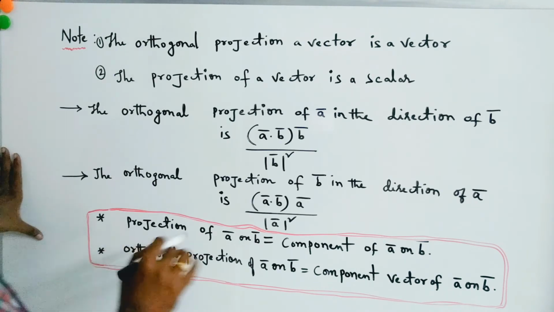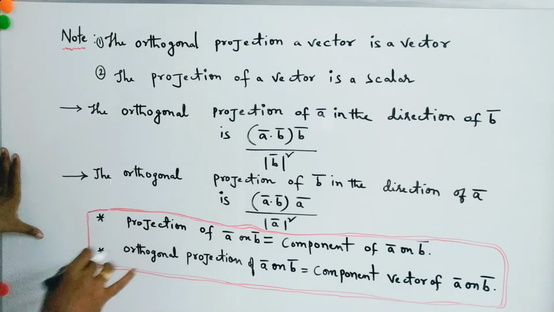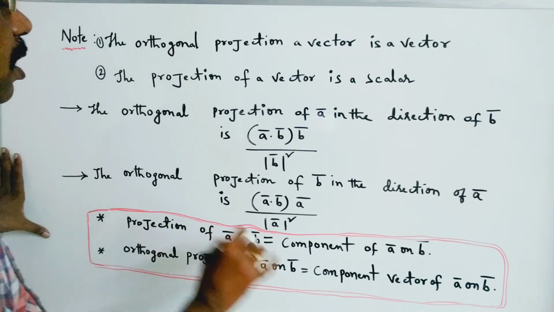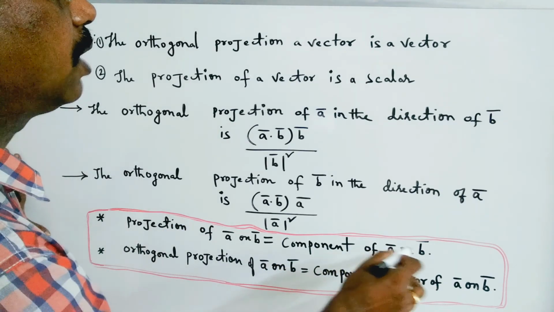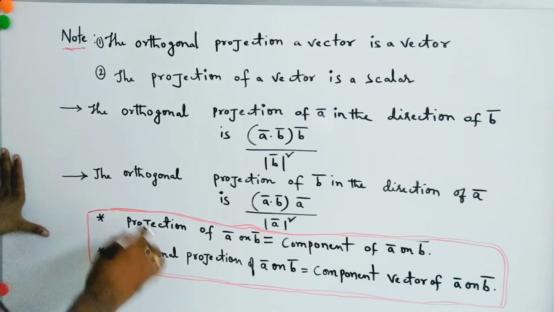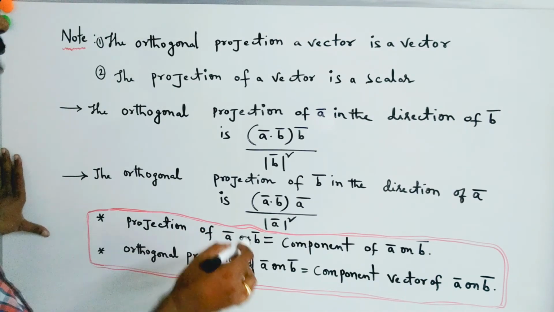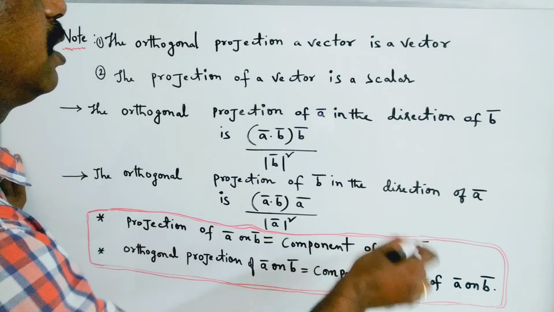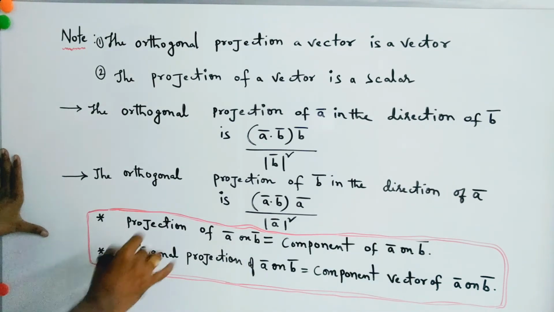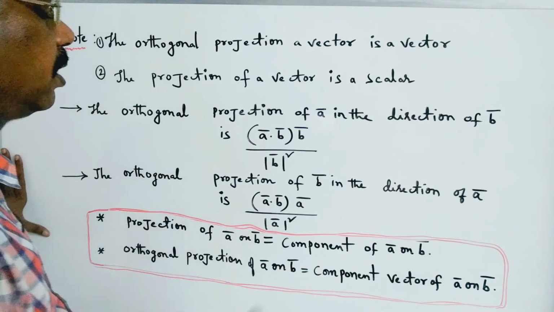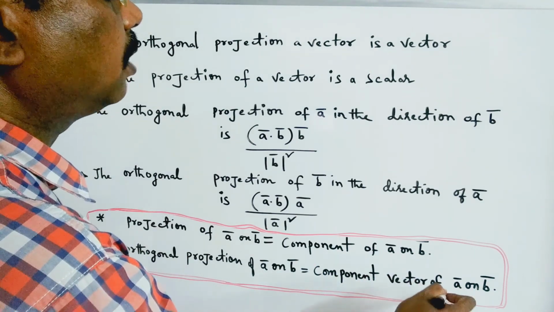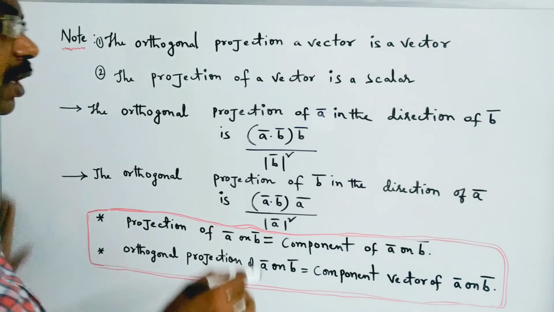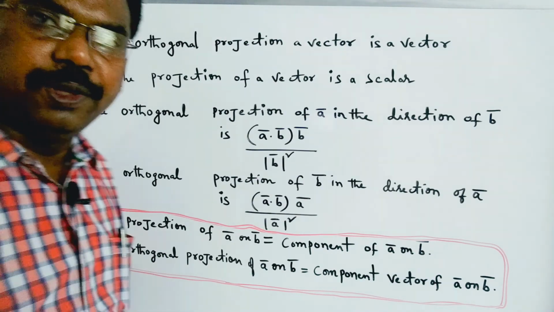Now just identify these points. Projection of A bar on B bar is equal to component of A bar on B bar. Orthogonal projection of A bar on B bar is equal to component vector of A bar on B bar.